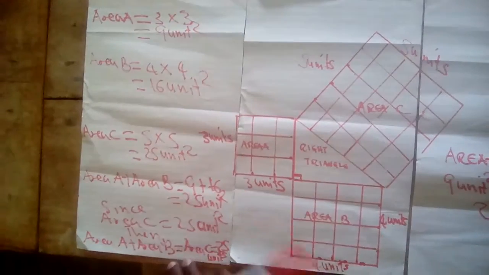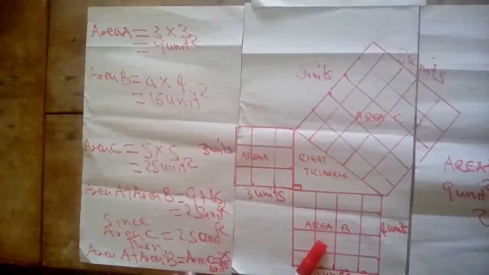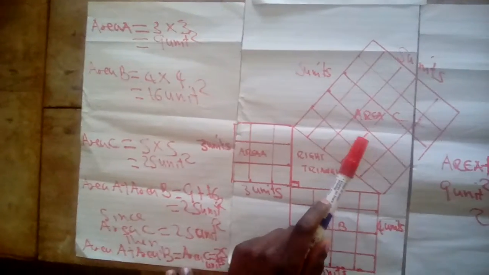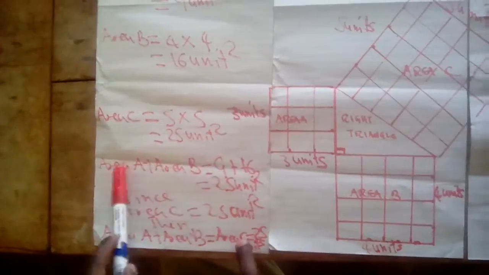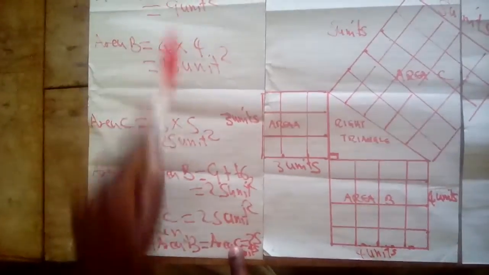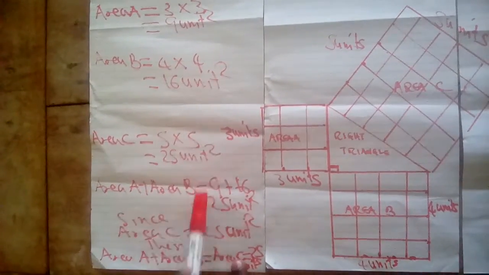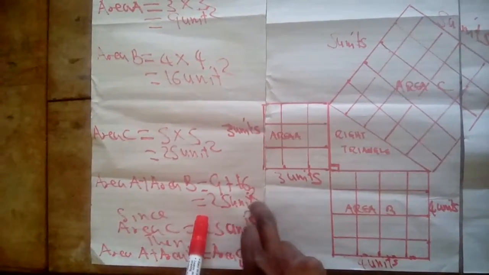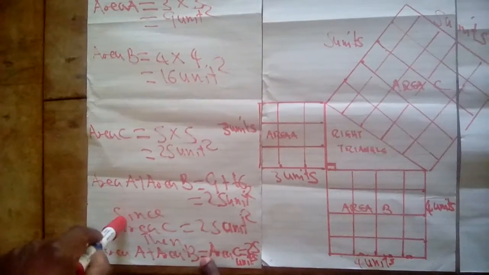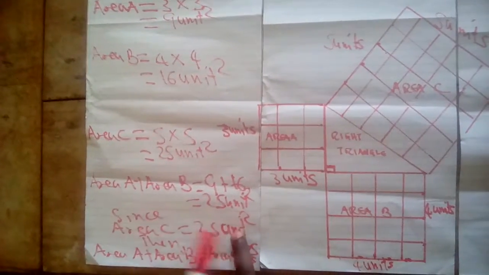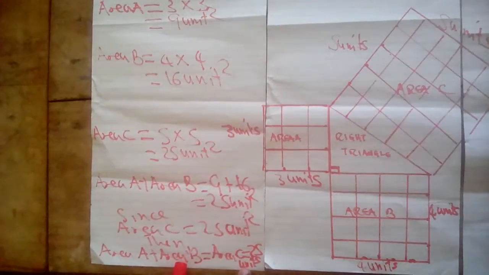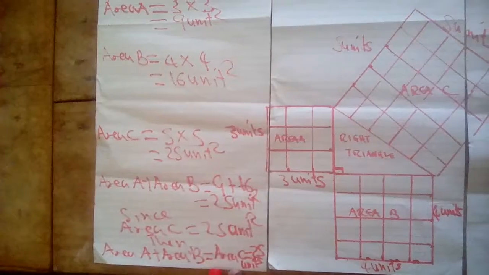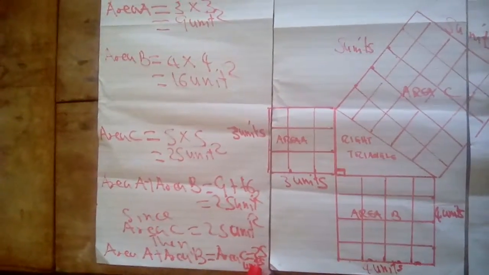Now, if you want to investigate the relationship between the sum of the areas of these two squares and the third square, you take area A plus area B. Area A, 9 square units, plus area B, 16 square units, gives 25 square units. And since we know that area C is 25 square units, area A plus area B is equal to area C, and they are both 25 square units.